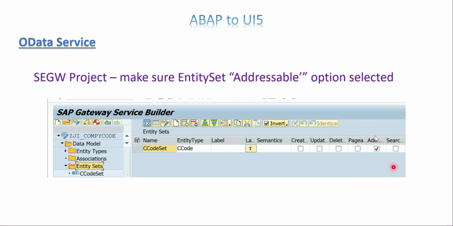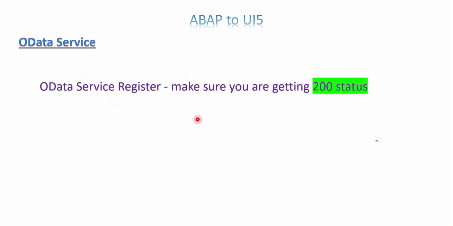You can just play around with this: remove the tick mark, generate your project, and go to UI5. There is a screen where you connect your OData service, and this service is not going to display there because the entity is not selected as addressable. So make sure it is selected, then register the OData service, and make sure you are getting a 200 status, meaning your OData service gets the data from the backend system.